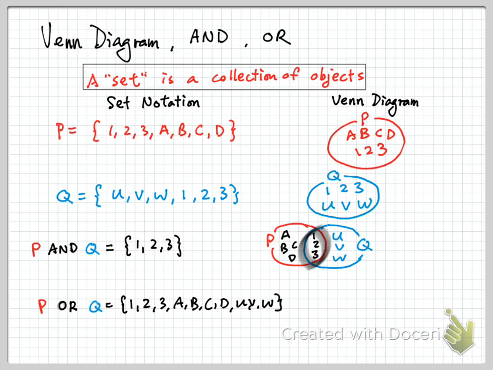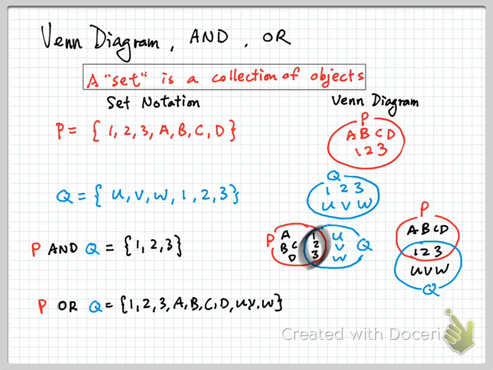If we want to draw the Venn diagram, it will be something like this. We have P like this. We have 1, 2, 3, and A, B, C, D in P. And then we have Q like this. We have 1, 2, 3, and then U, V, W in Q. So this is P and this is Q. So the set P or Q will be the entire footprint.